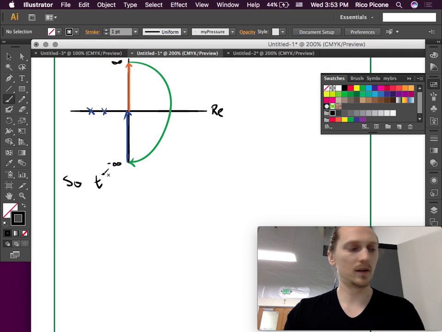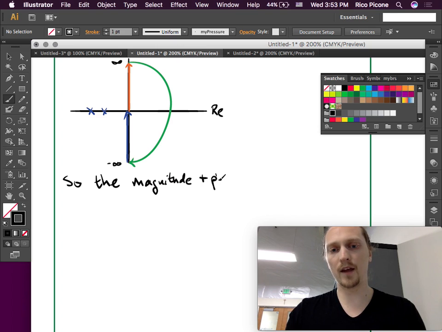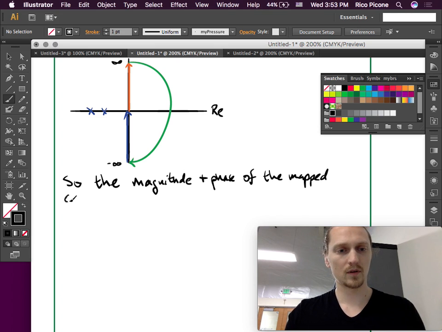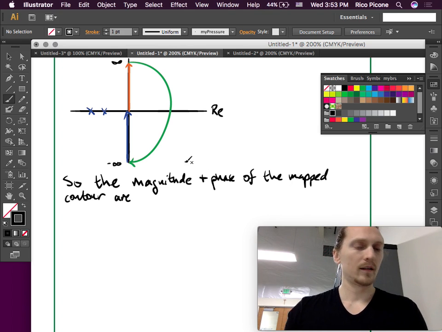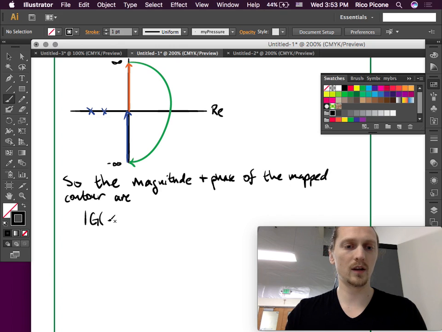So the magnitude and phase of the mapped contour are, we have G of gamma n, H of gamma n.